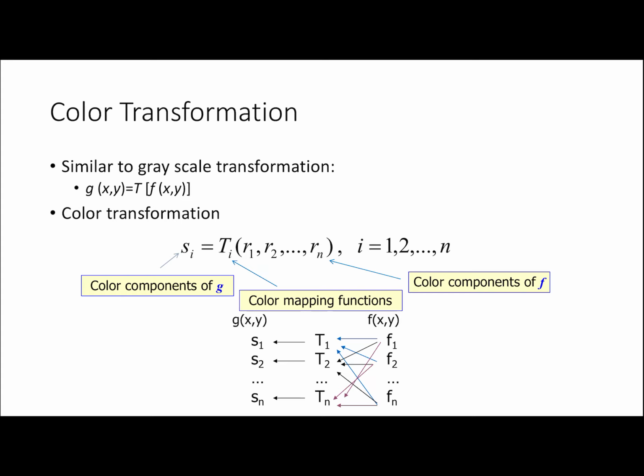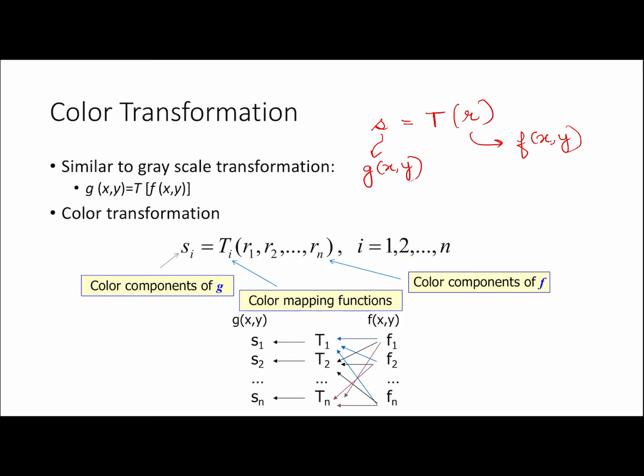You may recall from our discussion of grayscale images, where we defined a number of transformations for enhancement purposes, that we defined the transformation as s equals some transformation function T of r, where r is an intensity value at location x,y in the input image f(x,y), and s is the transformed intensity value at the corresponding location of the processed image, which we call g(x,y).